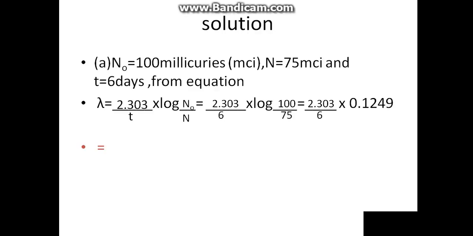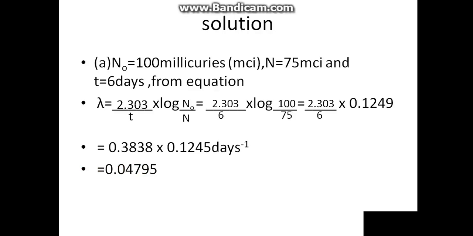That is equal to 0.3838 times 0.1249 per day, which is now equal to 0.04795 per day. But for the half-life, use T half equal to 0.693 over lambda.